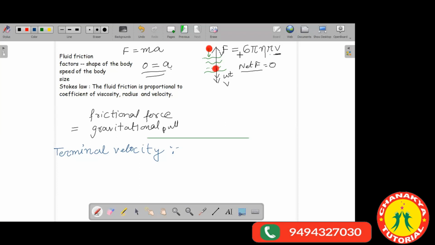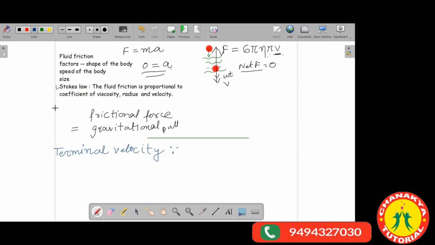And this backward dragging force is calculated as F equals 6 pi eta RV, which is given by the Stokes law. As per the Stokes law, the fluid friction is proportional to the coefficient of viscosity, the radius of the object that is falling, and its velocity. These are the factors on which the backward dragging force depends.